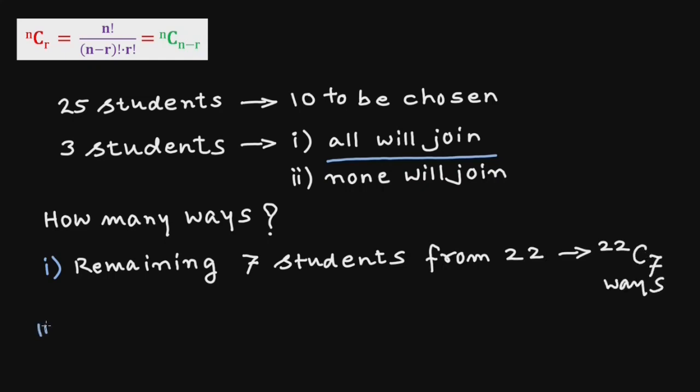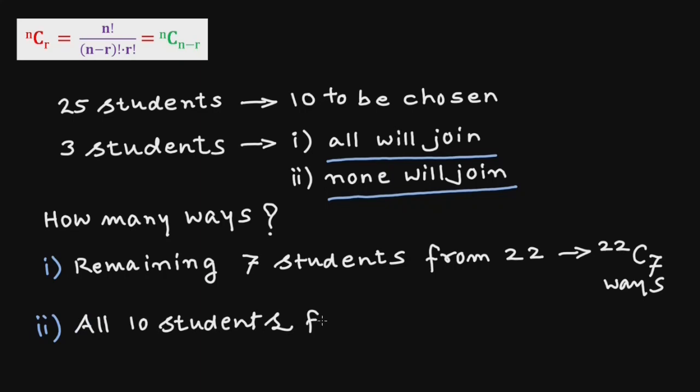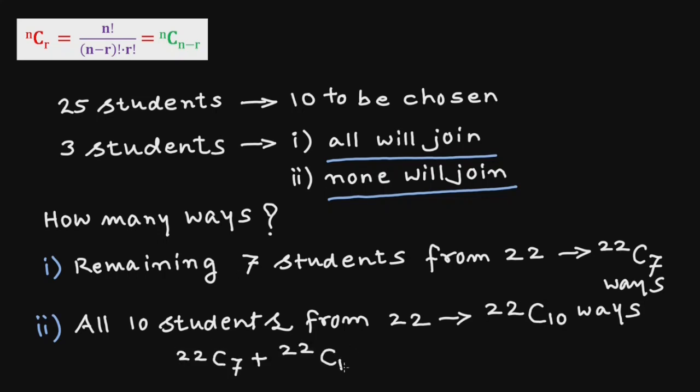And in the second case, when none of the 3 will join the excursion, then all 10 students can be chosen from 25 minus 3, that is 22 students, in 22C10 ways. So the number of ways in which this excursion party can be chosen will be 22C7 plus 22C10 ways.